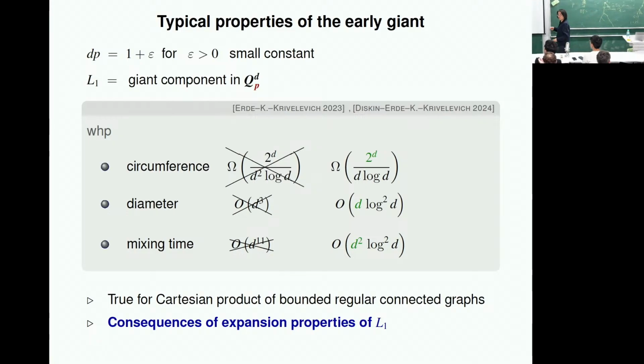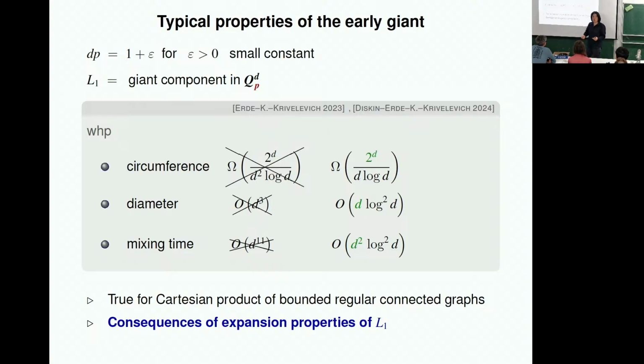We could prove an analogous thing because we need bounded regularity. So the Cartesian product of regular graphs is such that the product graph itself becomes d-regular, so d to the d will be replaced by the number of vertices coming from the Cartesian product, and the base graphs are connected.